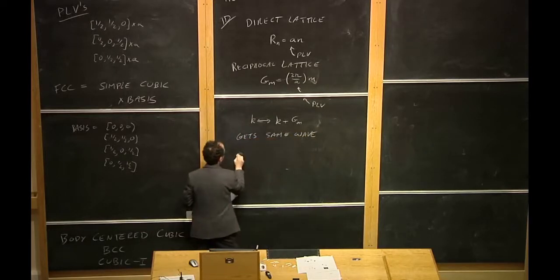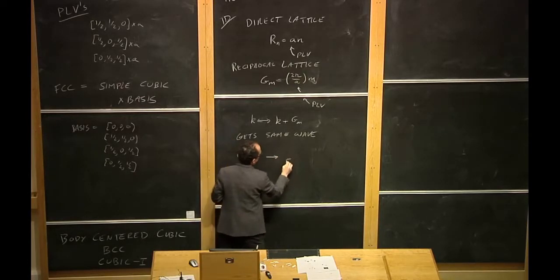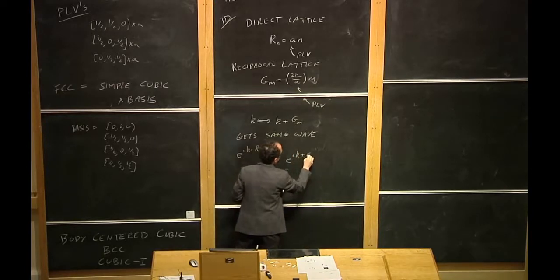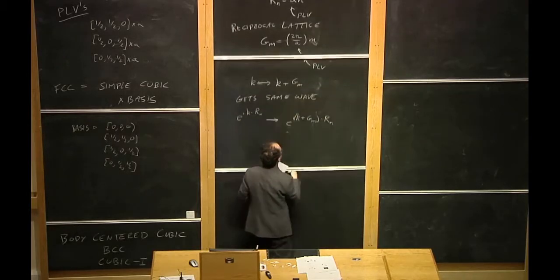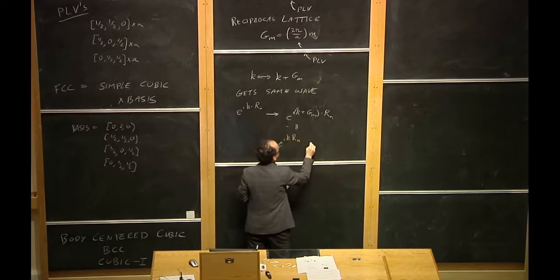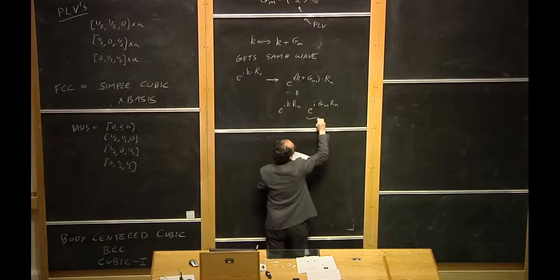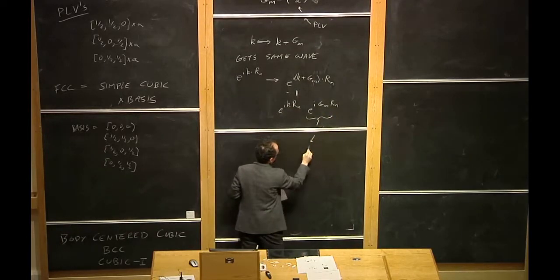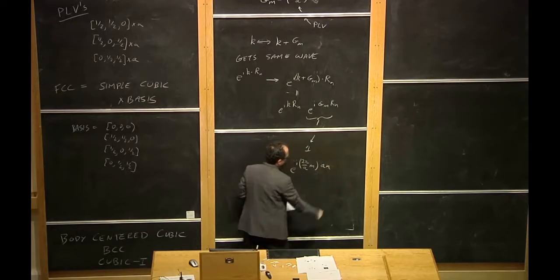Well, let's do it carefully. e to the i k dot r gets shifted to e to the i (k plus g_m) dot r_n, and that equals e to the i k dot r_n times e to the i g_m r_n, and this factor here is just 1 because it is e to the i 2 pi over a times m times a times n. And that's just 1.